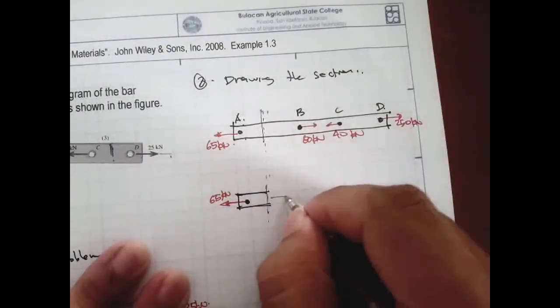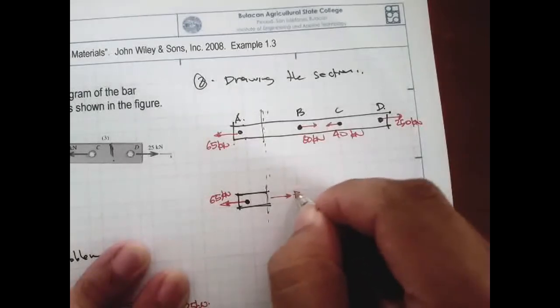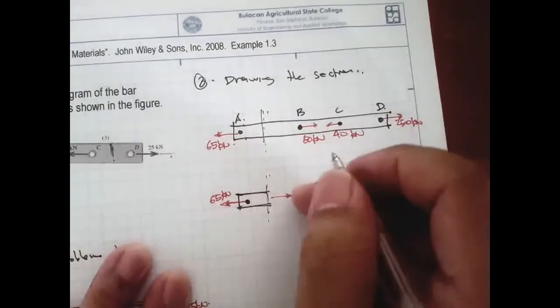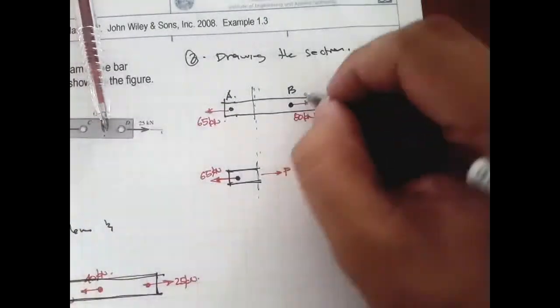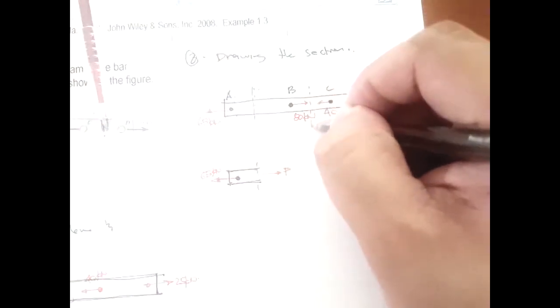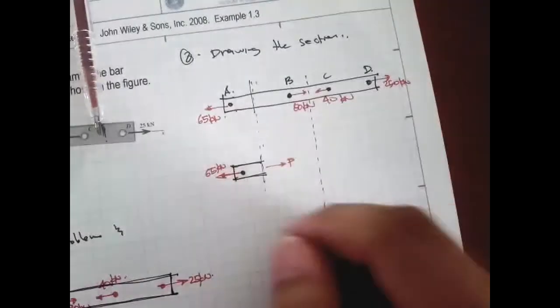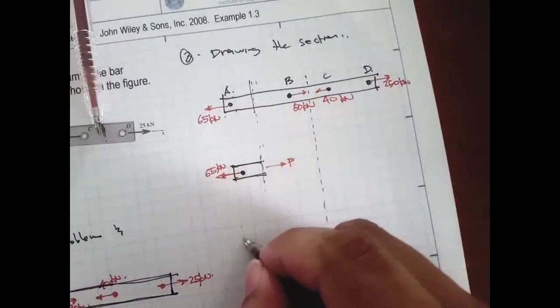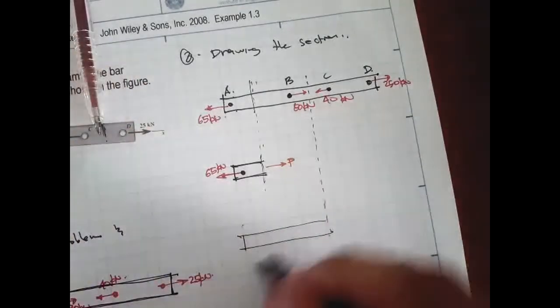So this is my internal force, let's say P. And if I want to check the internal force between the segment BC, this will be my figure.